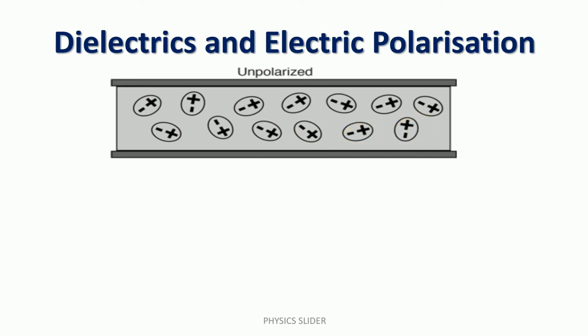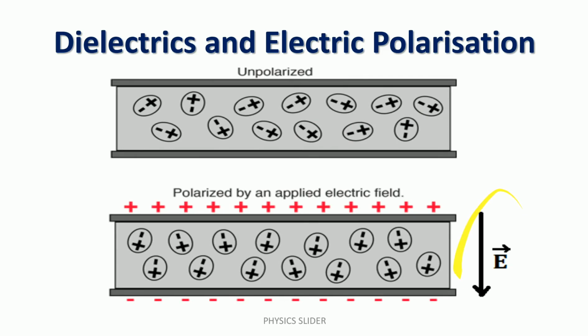But when we introduce an external electric field here, the negative charges are all minutely displaced towards the positive charge, and all the positive charges are minutely displaced towards the negative charge.